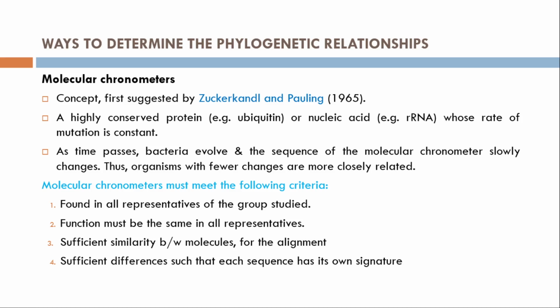Point number 3, a sufficient level of similarity should be there in the sequence of all the organisms, and definitely some level of differences should also be there. Based on that, we can study the phylogenetic relationship.